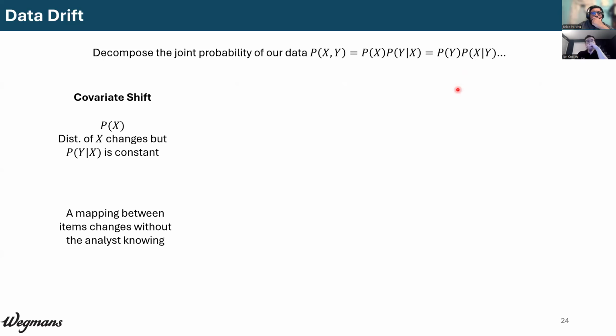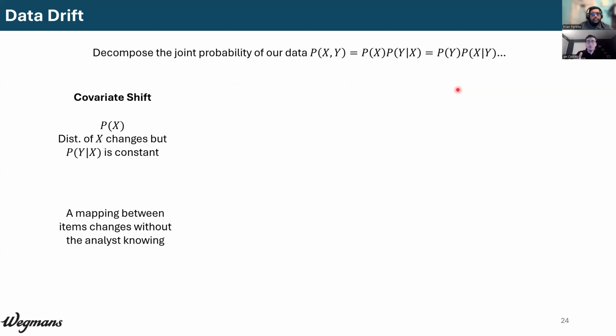Covariate shift is when the P of X distribution changes, but our P of Y given X is constant. So the relationship between X and Y is constant, but the distribution of X is changing. From my world, this would happen if a mapping between items changes without an analyst knowing.